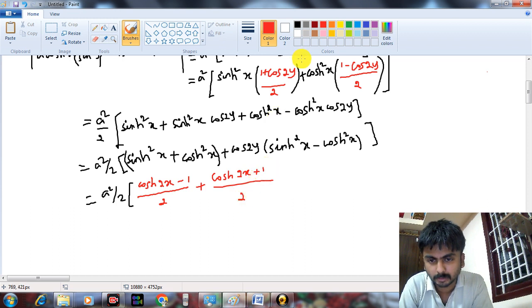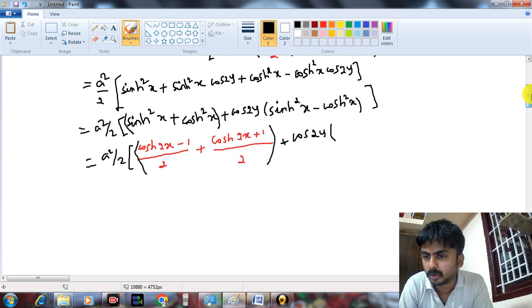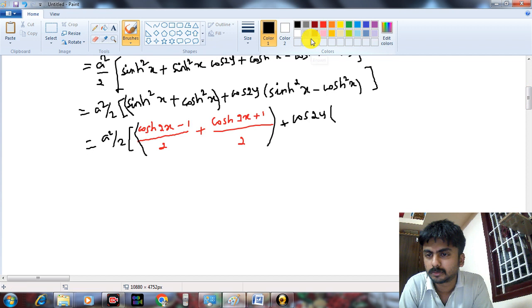Then we will have cos 2y into, okay, then we will have cos 2y plus cos 2y into, we are having sin h square x minus cos h square x.